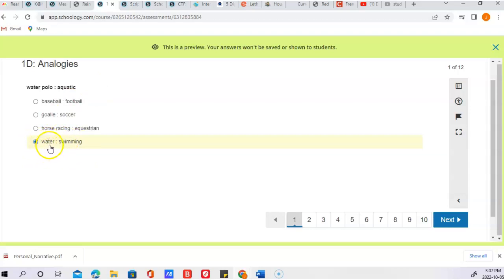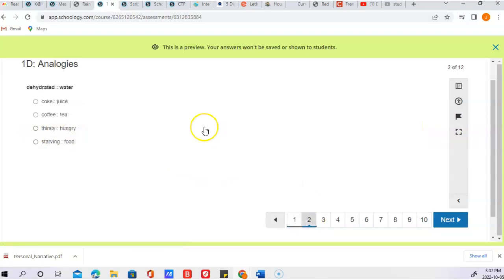Because we'd be saying water is an aquatic, water is a swimming sport. Well, water isn't a sport at all, so that doesn't make sense. But when we read that sentence, water polo is an aquatic sport, we can substitute horse racing is an equestrian sport. So we'd know that that's the correct one.